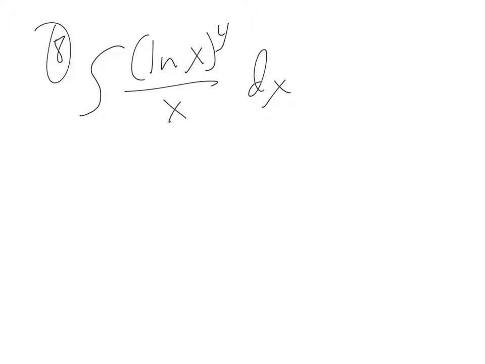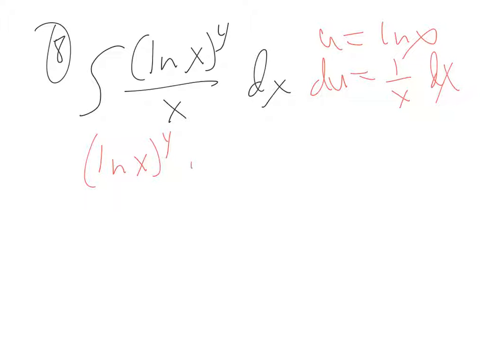Now, sometimes what we've been doing so far makes it look like, and it says this in the handout, that we should always let u be the denominator. Well, not always. And here's one problem where we wouldn't. If I let u be ln x, and I know du is going to be 1 over x dx, which you kind of got to realize is this is the natural log of x to the 4th times 1 over x times dx.